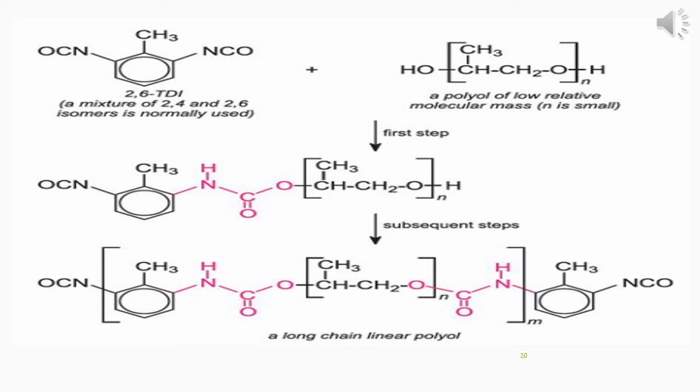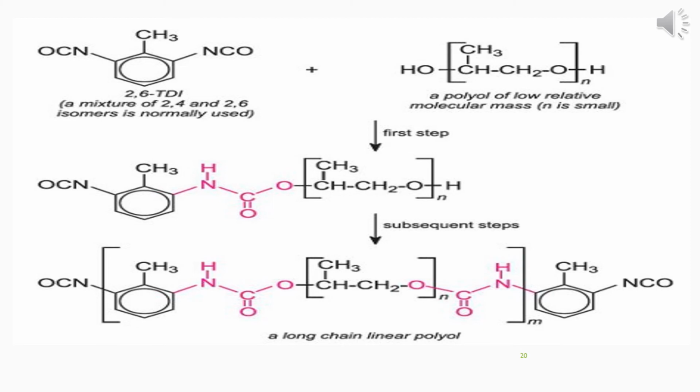Then in the subsequent steps, first the dimer is produced from the two monomers, and afterwards more monomers are attached to this chain, and the chain becomes longer and longer. So a long chain linear polymer is produced over here.